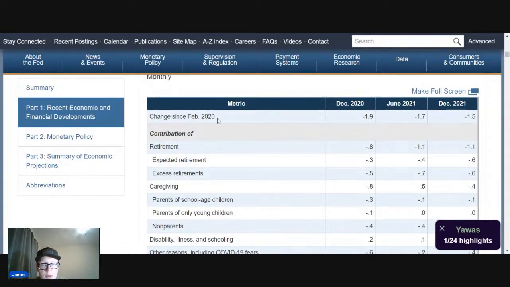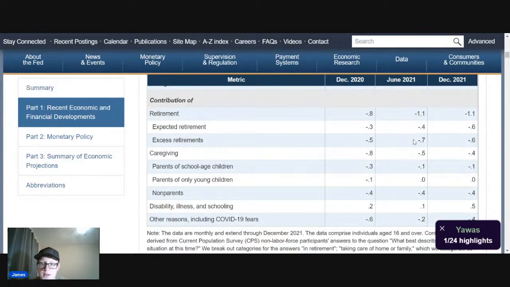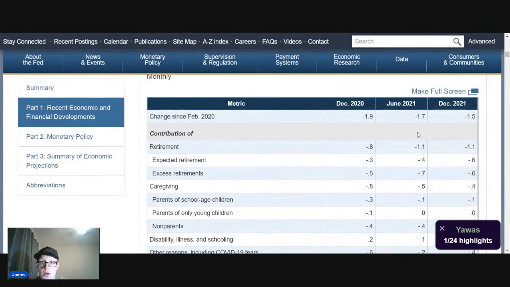Changes since February 2020. I mean, it doesn't seem like that big of a difference, but I'm not sure how this is relative to other years, since we only have 2 years. So I don't know, is 0.3% a massive change for retirement, stuff like that.